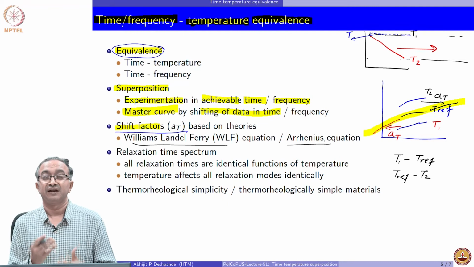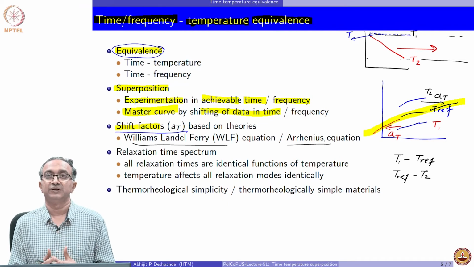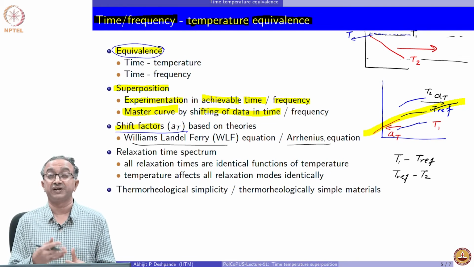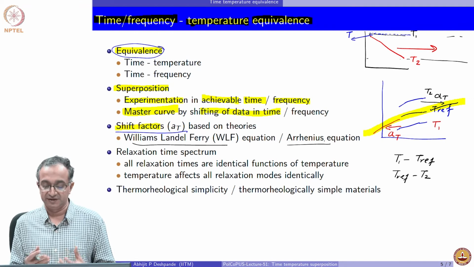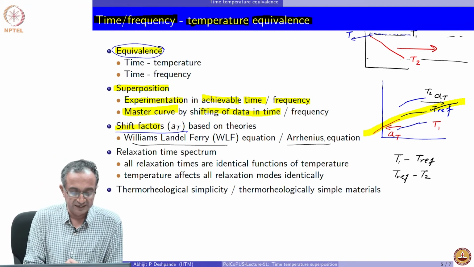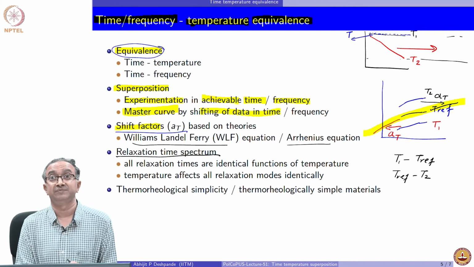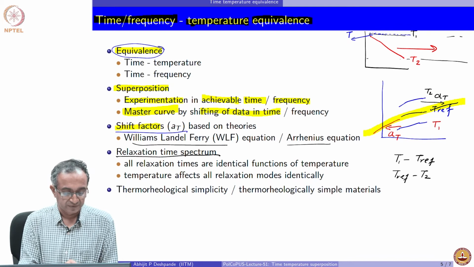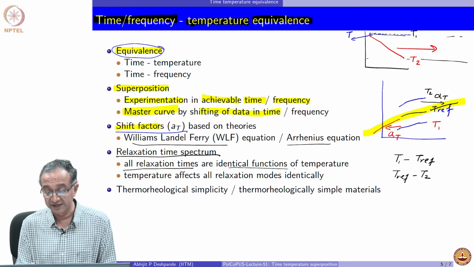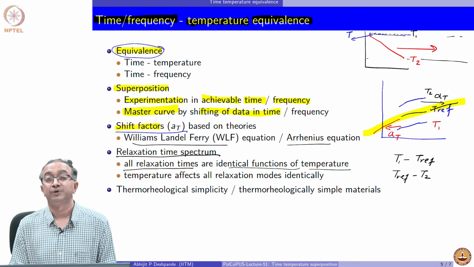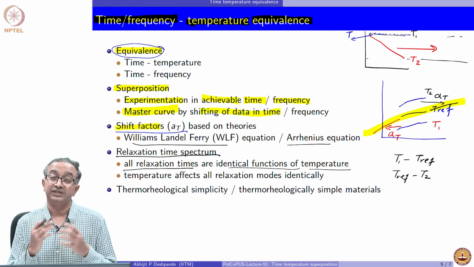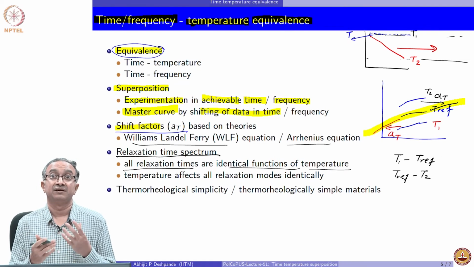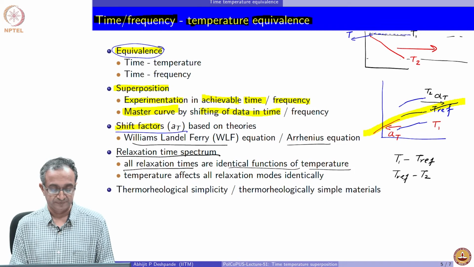So, if there is glass rubber transitions and glass transition involved, then WLF dependence will be there. If there is some activation process which has to be overcome in terms of relaxation processes, then Arrhenius will be involved. And so, generally given that several relaxation times are there in the material, this time temperature superposition can be carried out if all relaxation times are identical functions of temperature, because if the relaxation modes change their way at different temperatures, then time temperature superposition cannot be done.